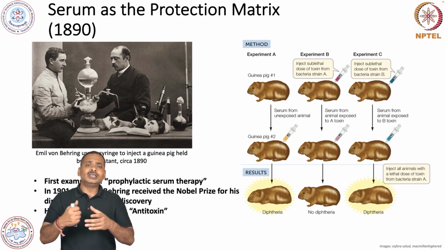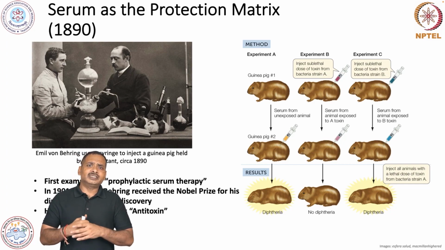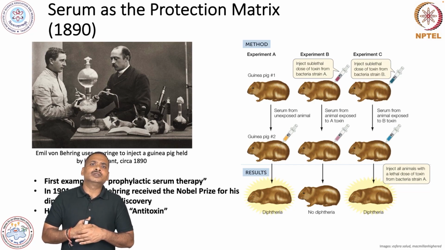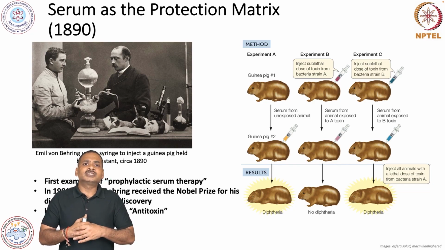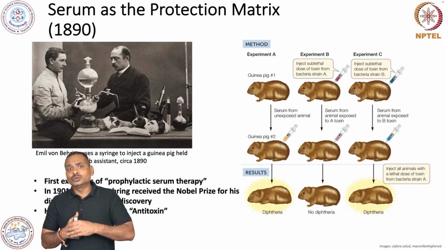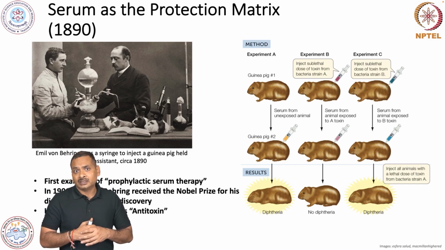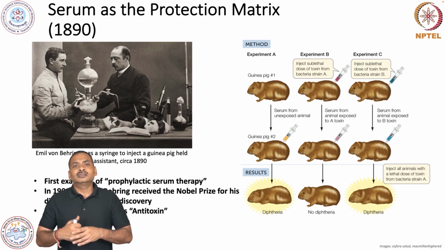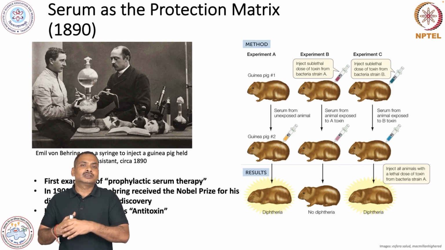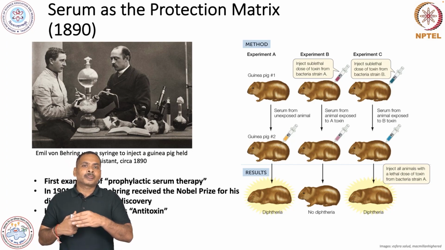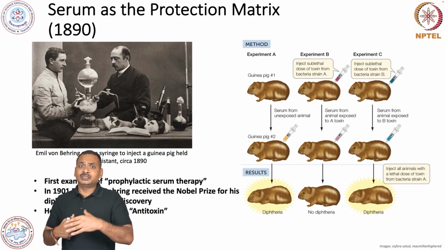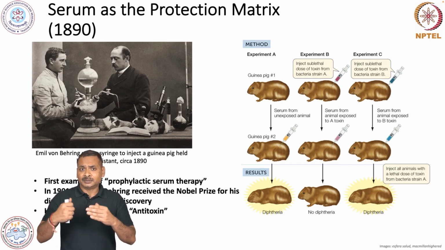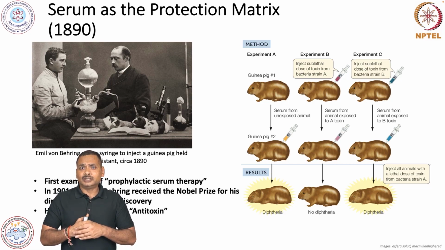In the second group, the serum is taken from the group which received the sublethal dose of toxin A, and in the third group, the serum is taken from the animals which were challenged by strain B toxins.